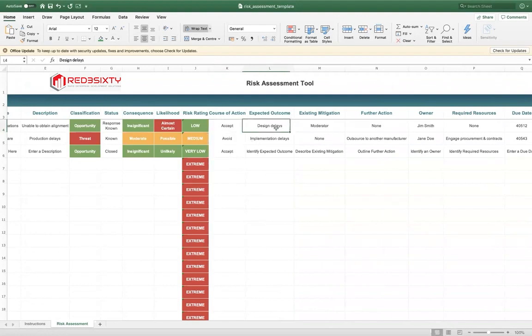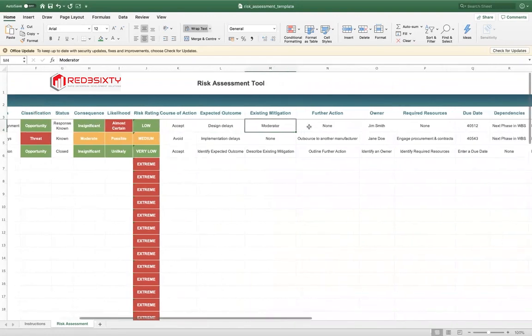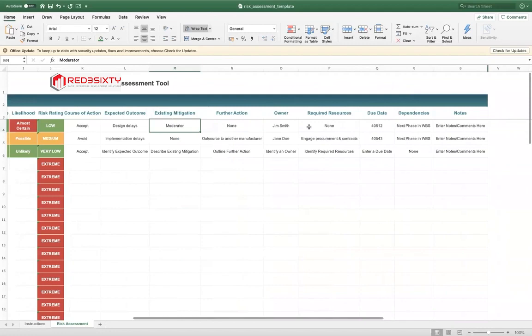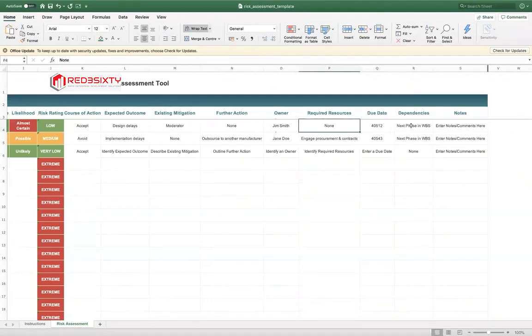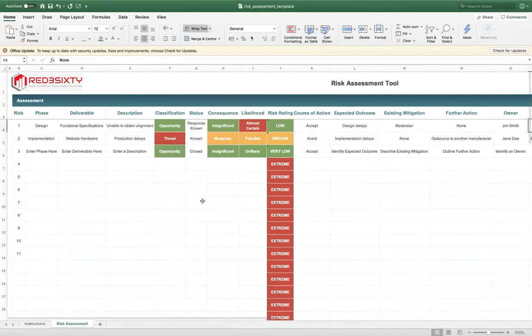And then the expected outcome, the existing mitigation, further action, who's the owner, the required resources, the due date, dependencies, and notes. So effectively giving us a format to establish a risk register for the entire organization as a whole.